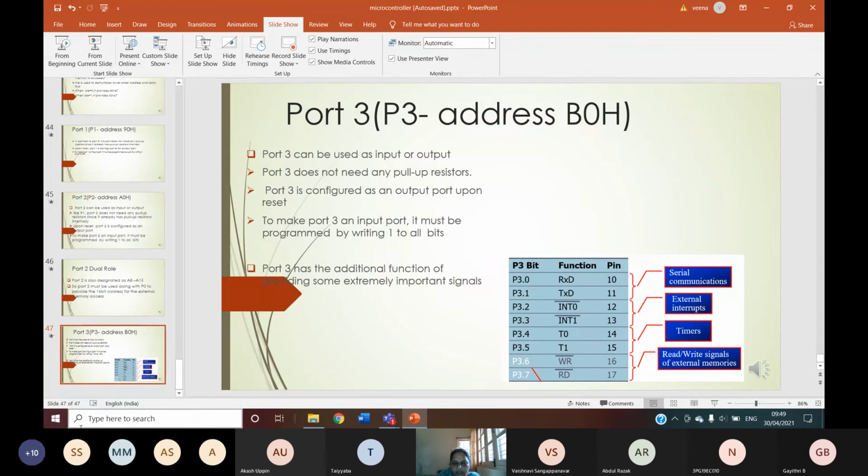Port 0 lines carry the lower order address, and port 2 lines carry the higher order address. Whichever location is addressed, the corresponding content is read whenever the read bar signal is made low. Last class you saw that read bar is connected to the output enable bar of the RAM chip.